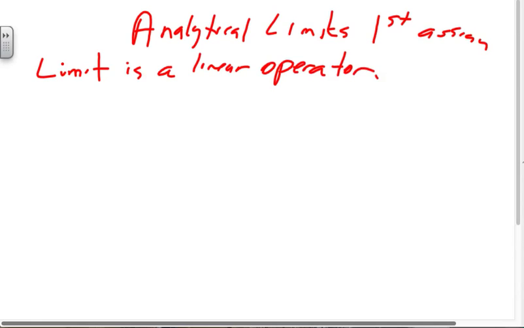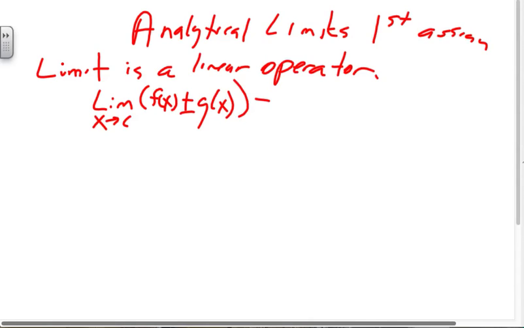What a linear operator means is something like, if I have a limit as x goes to some number of the sum or differences of two different functions, what a linear operator tells me is that instead of having to add these two together first, I can actually take them separately.